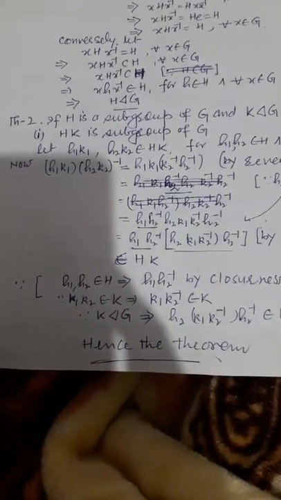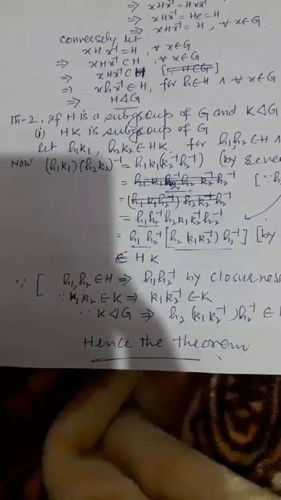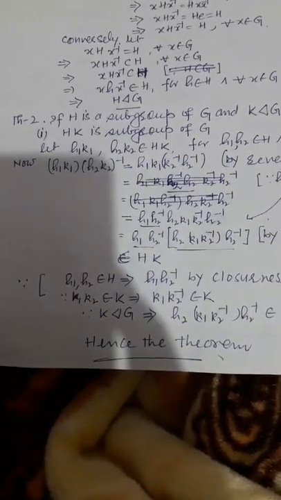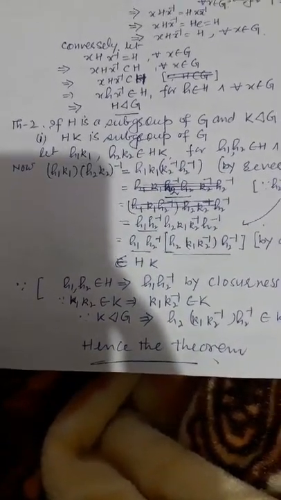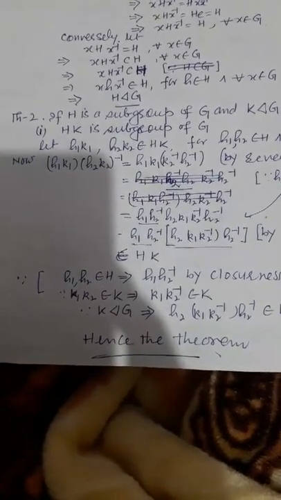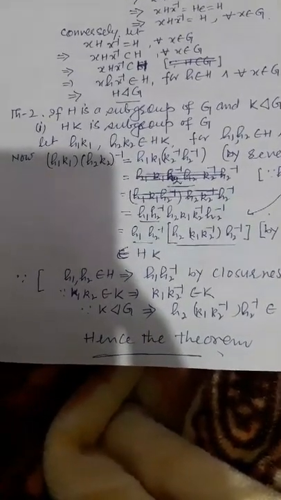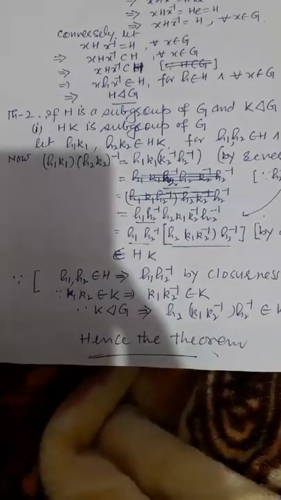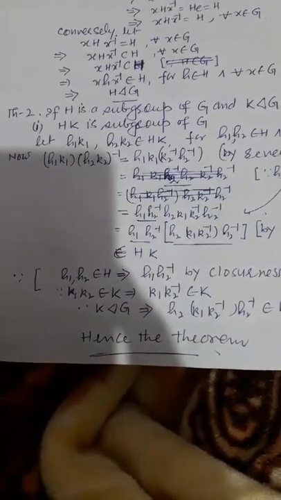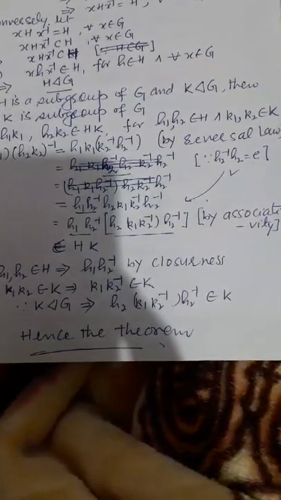So any element of HK will be in the form h1k1. So we consider two elements h1k1 and h2k2, where h1, h2 belong to H and k1, k2 belong to K.